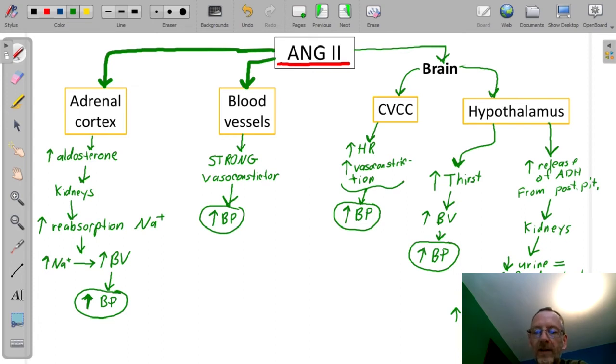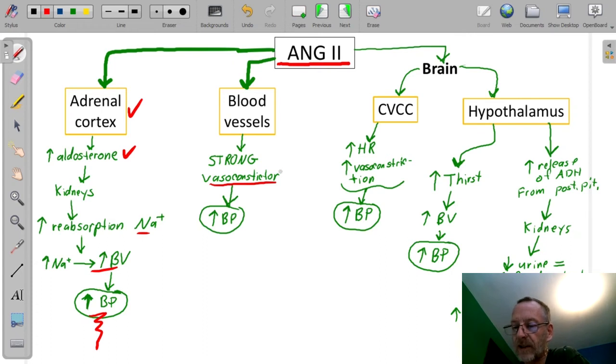So I would review these different targets. We have the adrenal cortex and aldosterone, sodium, which translates into increased blood volume, and we have our blood pressure. Vascular smooth muscle is just a strong vasoconstrictor. That's pretty self-explanatory. It just cranks up the pressure on the blood.